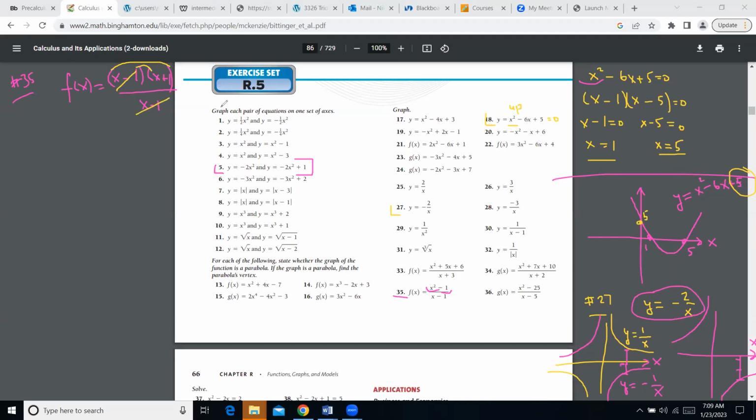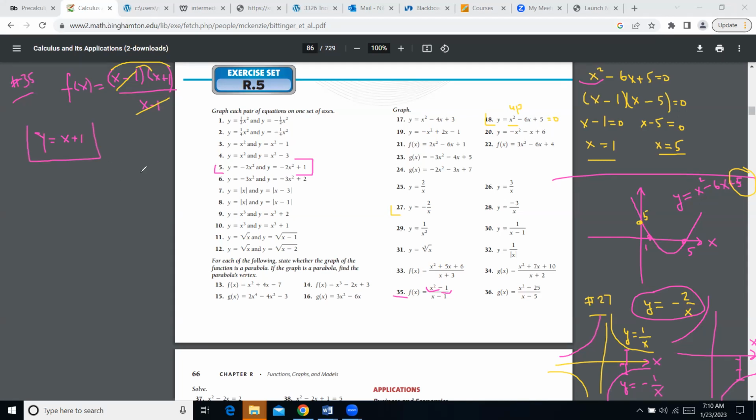And it looks like I can cancel these. So what we're going to be left with is just the equation x plus 1. There is no denominator here because it cancels. And that's actually pretty nice, right? Because we have here the equation of a line.